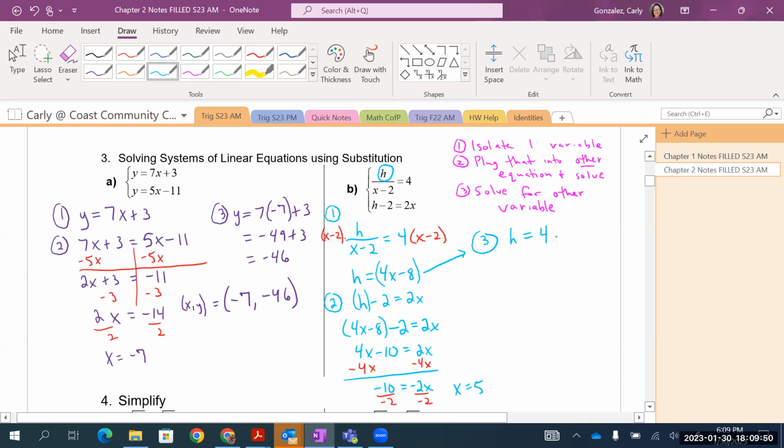So instead of x, now I'll put 5, because we found out that x will equal 5. And so 4 times 5 is 20 minus 8. 20 minus 8 is 12. So in this case, because it's an x and an h rather than x and y, it would also be fine just to leave it as x equals 5 and h equals 12.